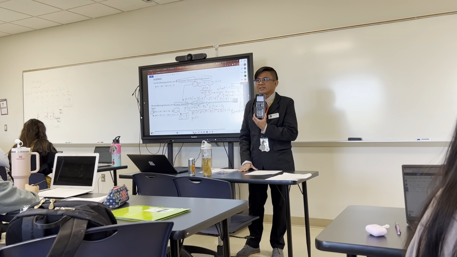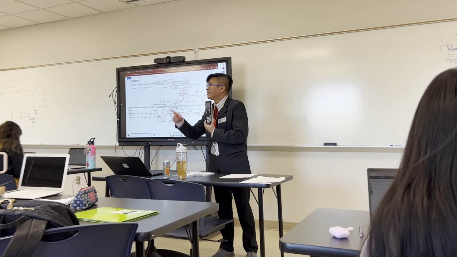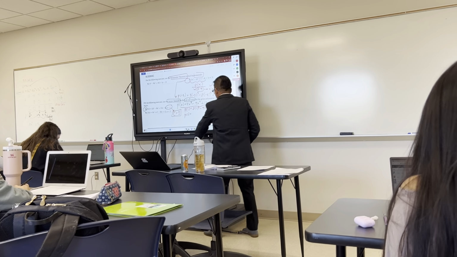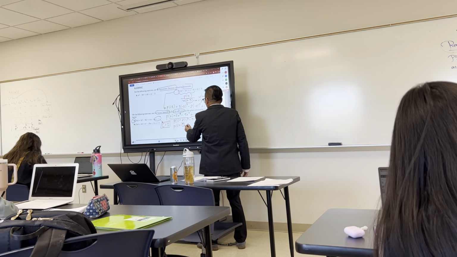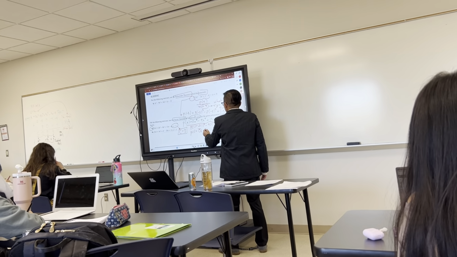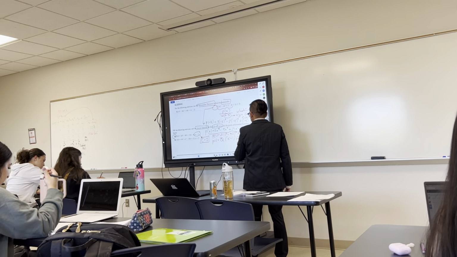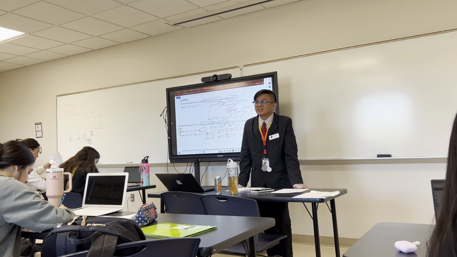What answer did you get? Magnolia? Reagan? 0. Very good. So again, this shows that p of 1 is equal to 0. That only means that x minus 1 is a factor. Are we good, guys?